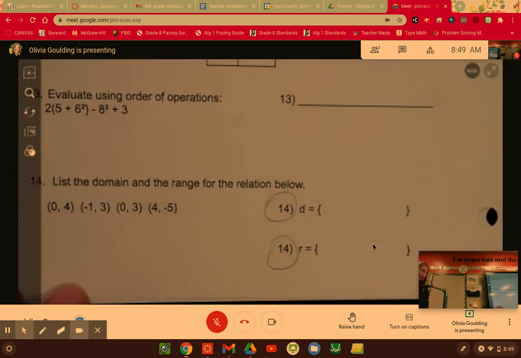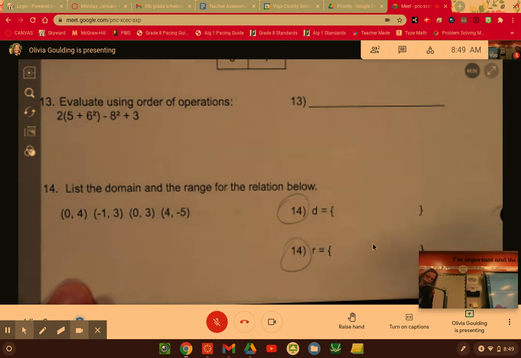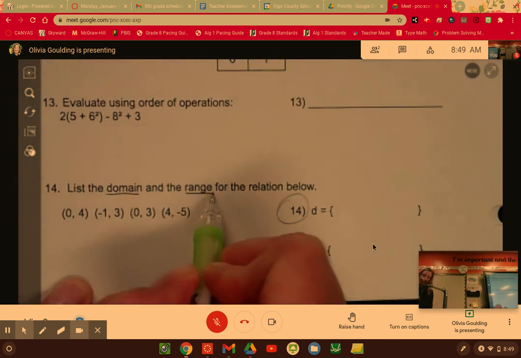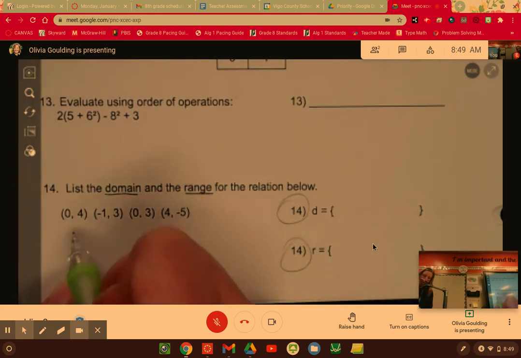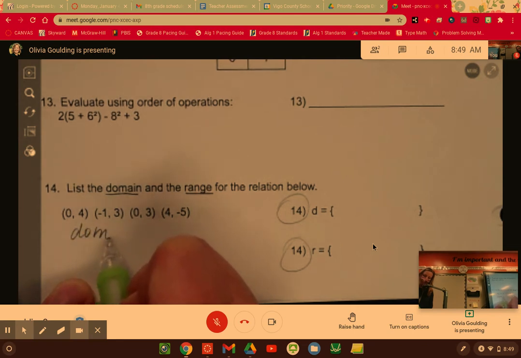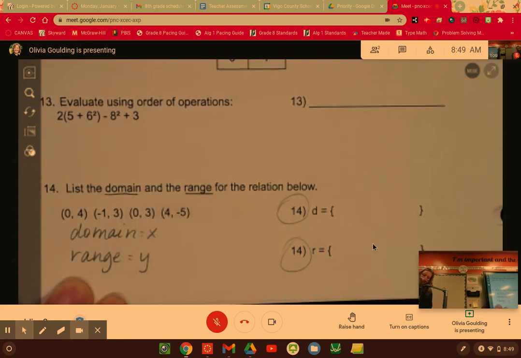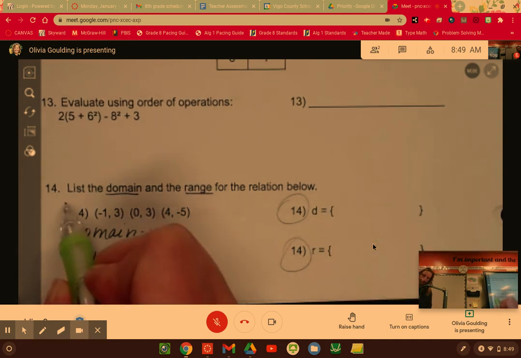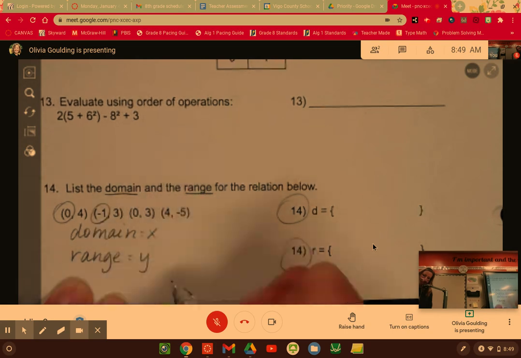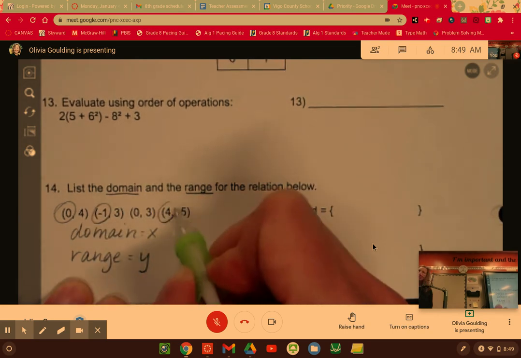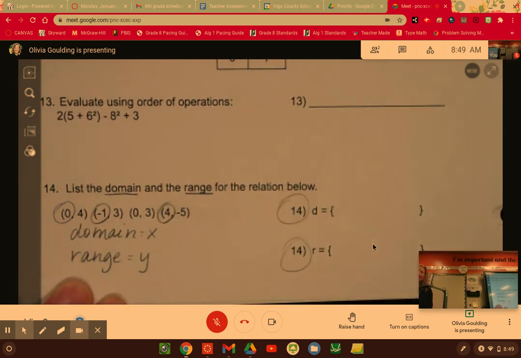So number 14, we want to find the domain and the range of the relations. Domain is code for x, and range is code for y. So my domain is just 0, -1, there's another 0, and 4. I don't have to write that 0 twice.